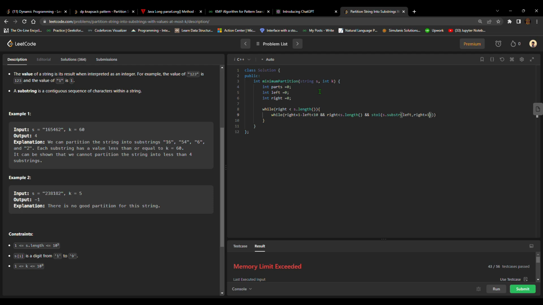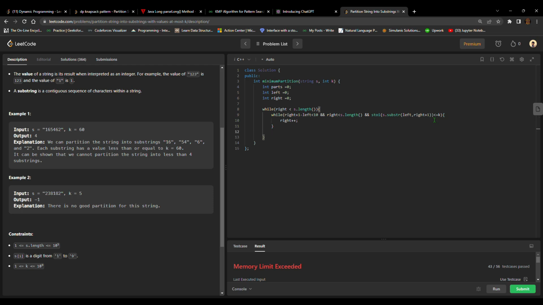Okay, from left up till right. And is this stoi less than or equal to k? Is that so? If these are all right, then just increase my right plus plus.